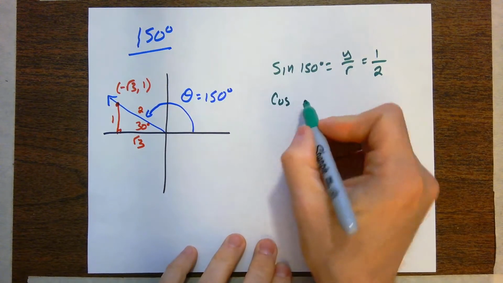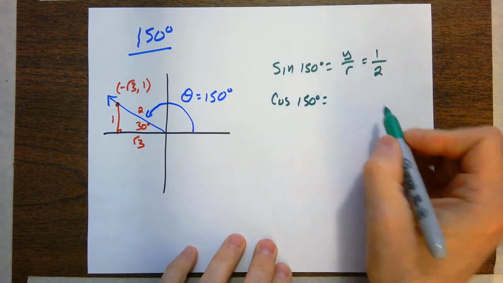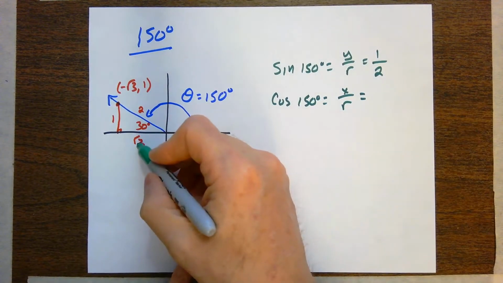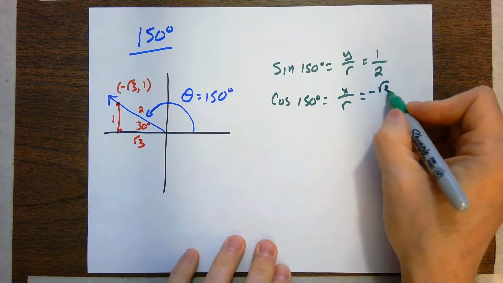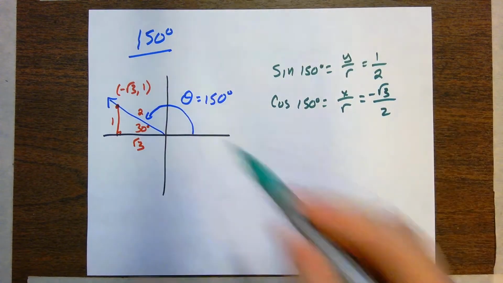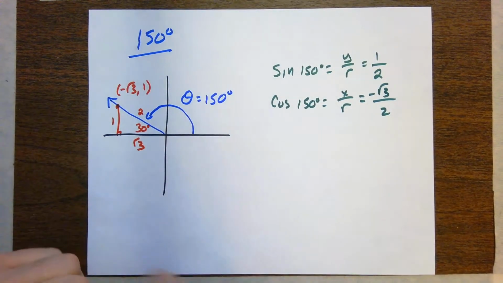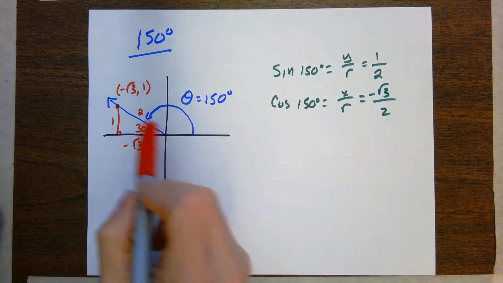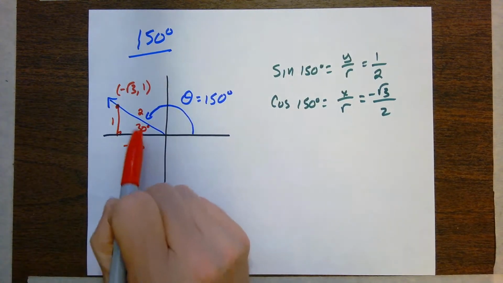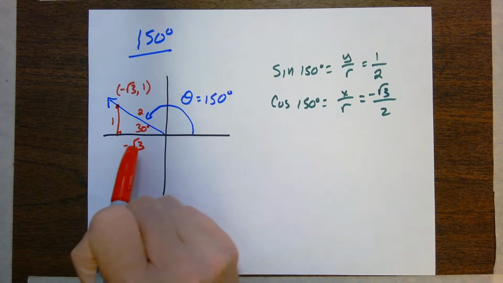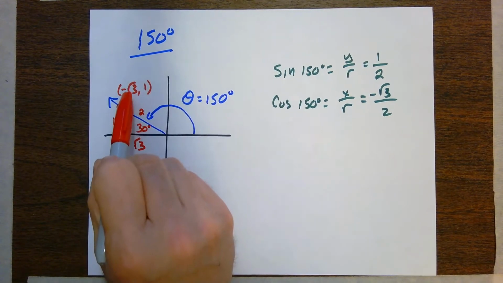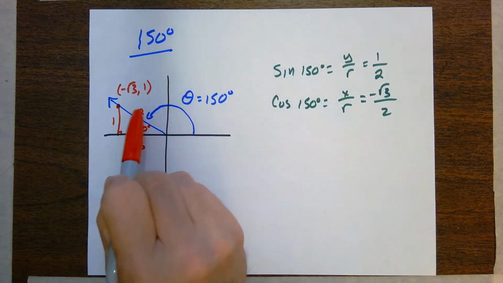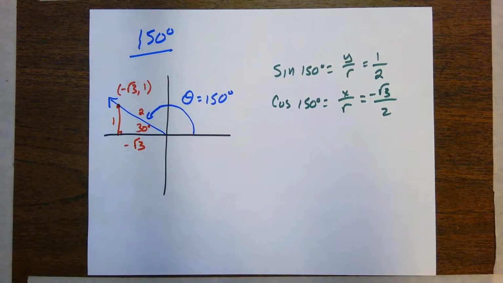The cosine of 150 degrees is the x value over the r value. The x value is negative root 3 over 2. Oh, that should be a negative, shouldn't it? Negative root 3. When we think about the triangle, we don't often think about 30, 60, 90 as being negative, but because it is a coordinate, I put the negative there. Make sure that you understand that the cosine in the second quadrant here is going to be negative.